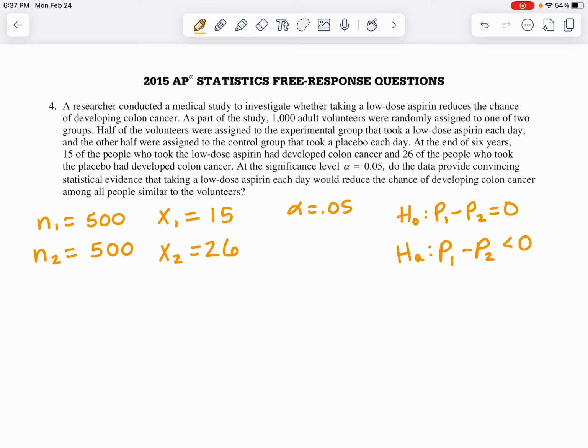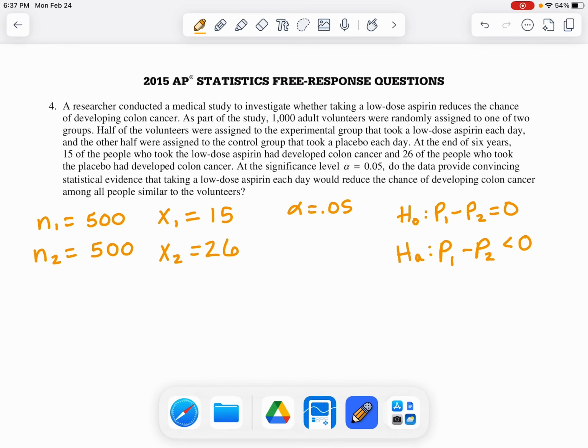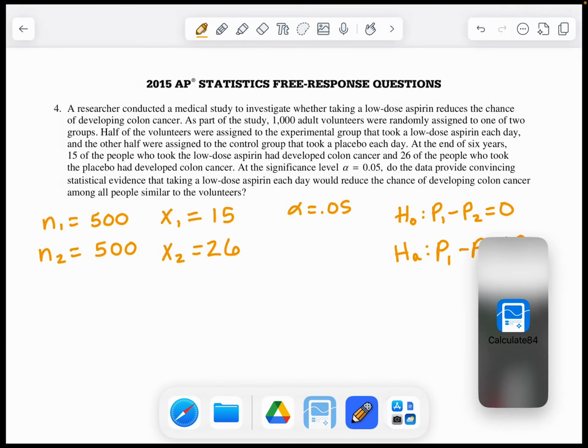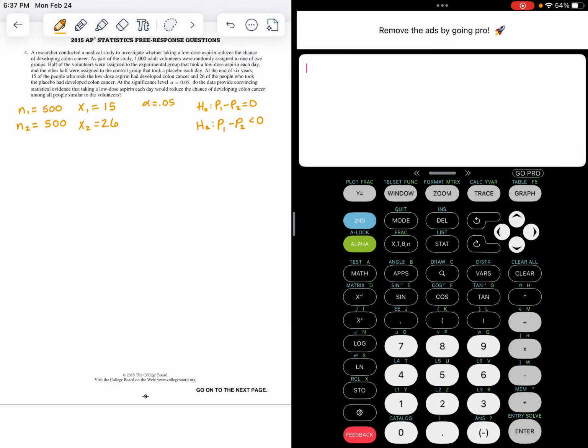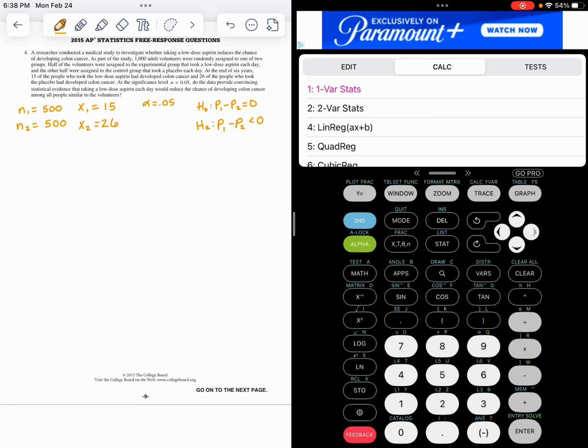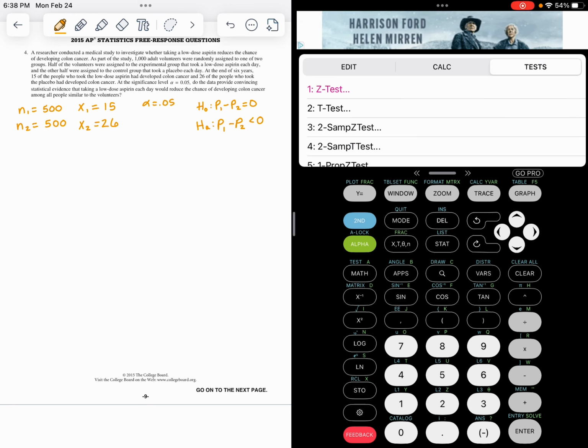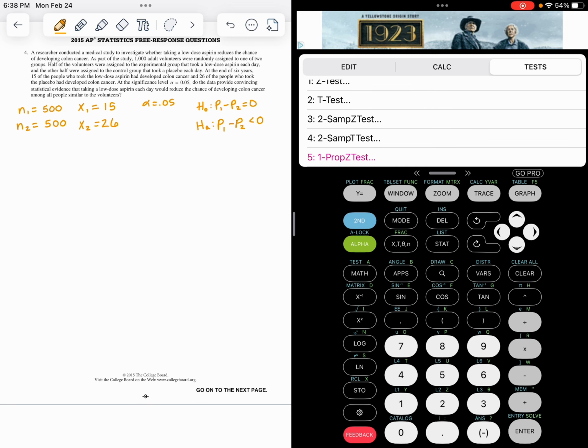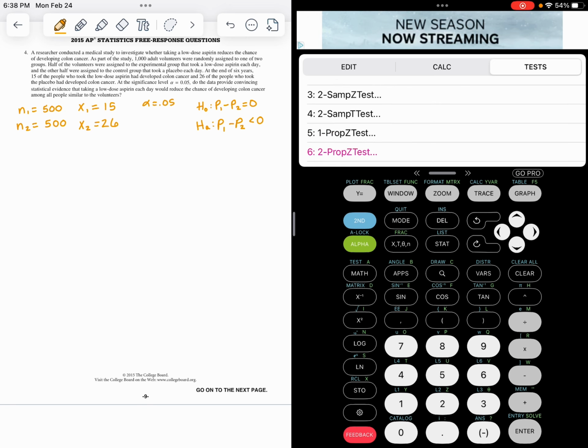All right, now this is the information I need. I don't even have to calculate P hat in order to do this. So I'm going to go ahead and open up my calculator, and we can go through and see how to do this on your graphing calculator. So I'm going to go to Stat, and then I'm going to go over to Tests, and I'm going to go down to a 2 proportion z-test.